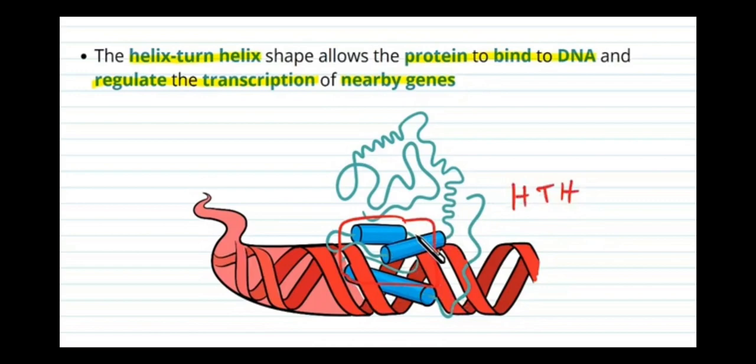The helix turn helix shape allows the protein to bind to DNA and regulate the transcription of nearby genes. So it is by this helix turn helix conformation that the homeobox protein binds with a certain region in the DNA, and helps in upregulation or downregulation; we can say they act as enhancers or repressors in transcription for other genes.